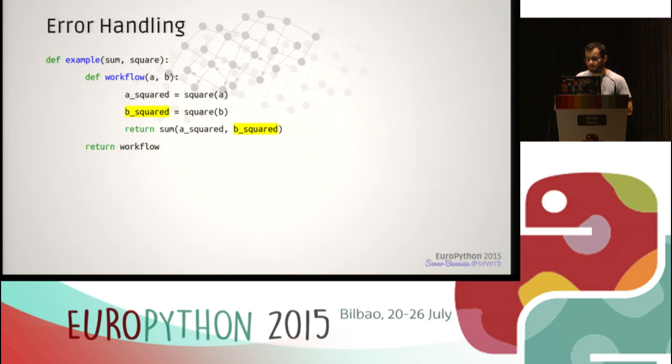And in this case, how do you pick up errors? So what would happen here if the result for B is an error? When you're passing an error in the arguments of another proxy call, the proxy call will also return an error. So the errors propagate from one task to the other.